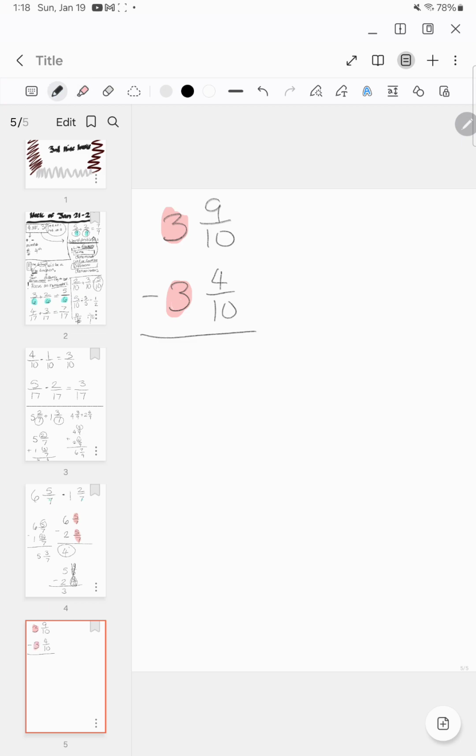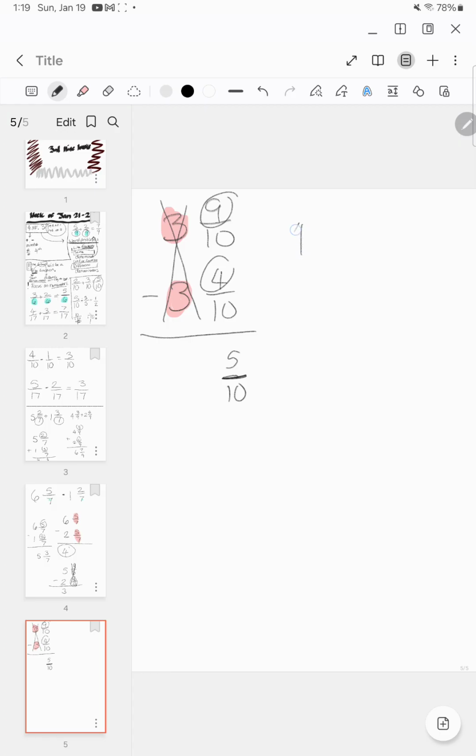The whole numbers are the same, but the fractions are different. Again, whole to whole, fraction to fraction. The denominator is going to stay the same. In this case, we can keep our fraction because we will have some fraction left, but we won't have any whole number. 3 minus 3 is 0. So you really don't have to write that down. And I'll just do 9 minus 4, which is 5. So the answer is 5/10 because the wholes this time cancel each other out.